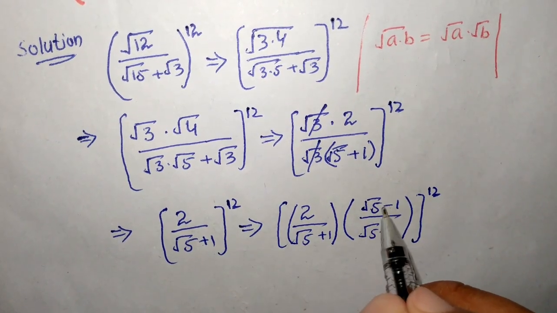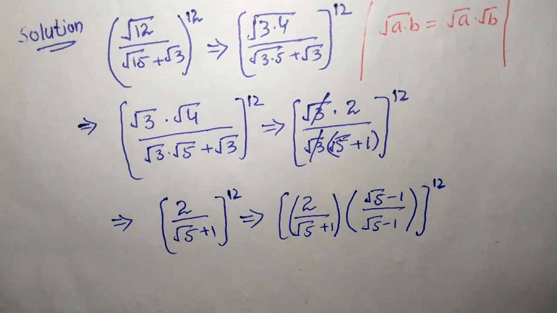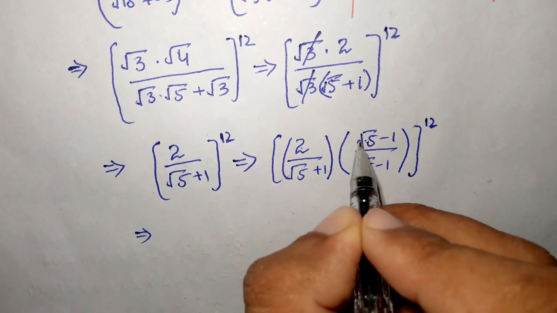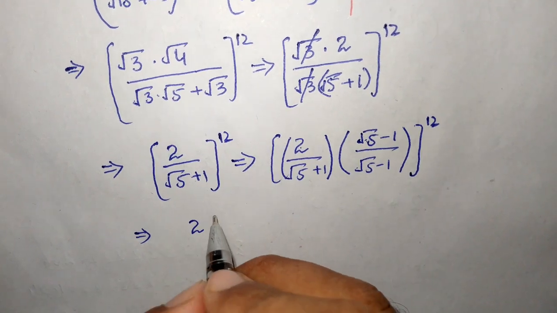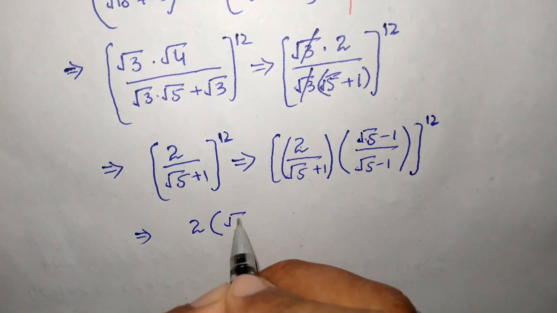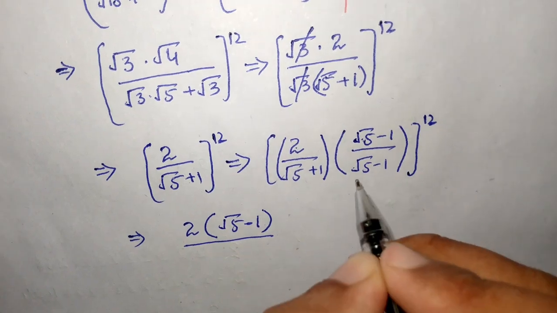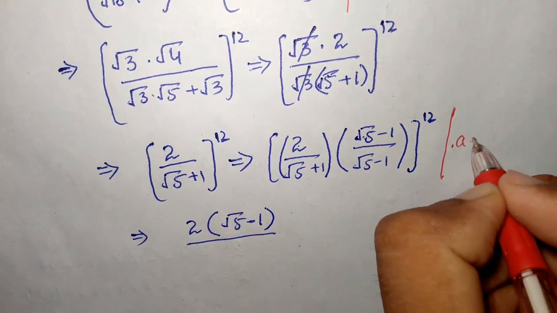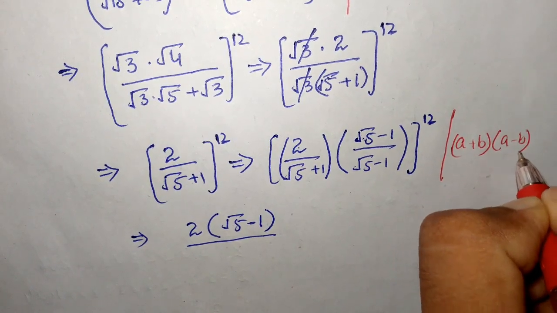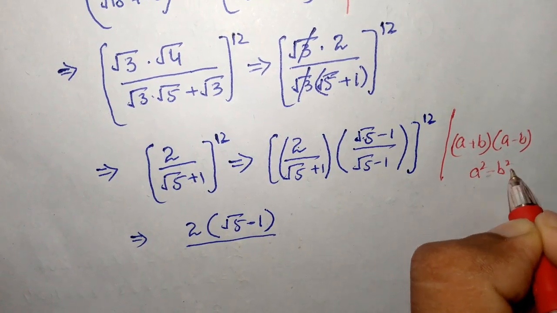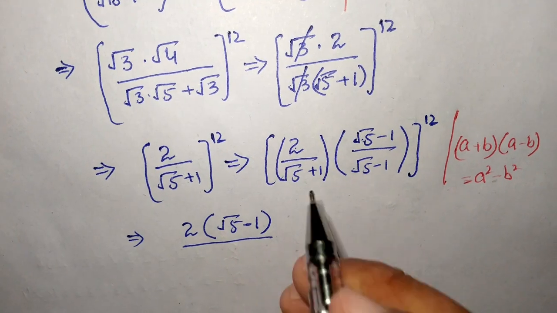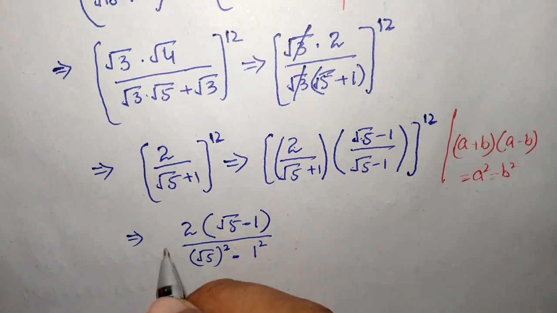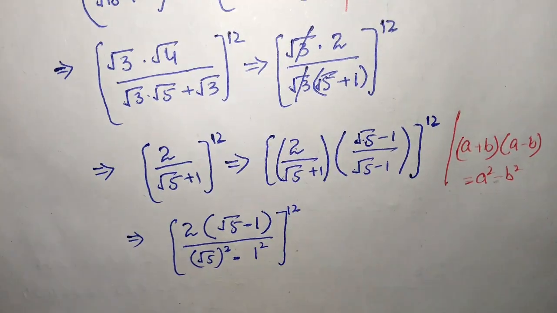Now in the next step, we multiply the numerator, so this becomes 2 times the square root of 5 minus 1 over, and we know that a plus b times a minus b is equal to a square minus b square, so this becomes the square root of 5 squared minus 1 squared, to the whole power of 12.